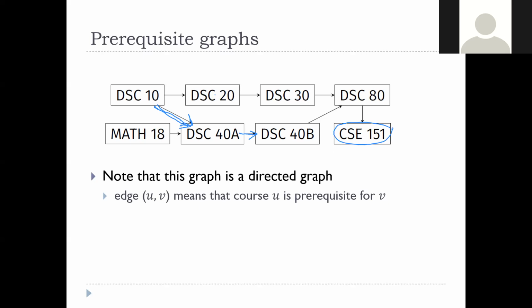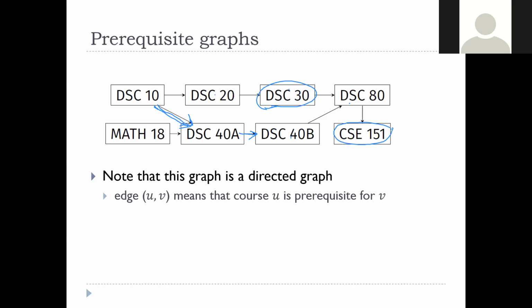However, before you can take DSC 80, you have to take both DSC 30 and 40B. In other words, if you haven't taken DSC 30, then you cannot take CSE 151. This enforces the order in which you take the classes, even between DSC 30 and CSE 151, even though you don't have a direct edge between them.